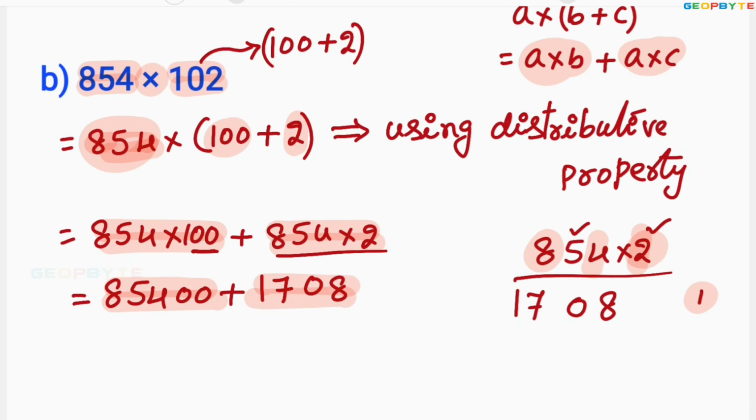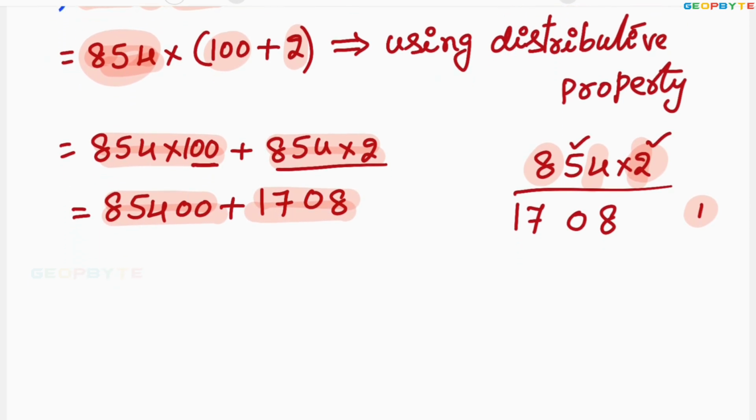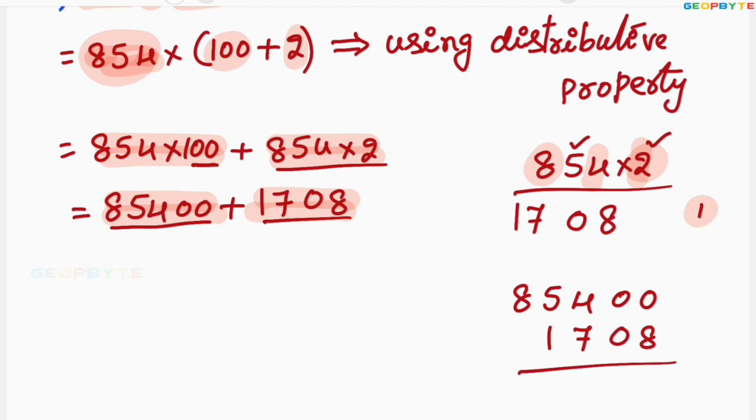Let me add those two numbers. The first number 85400 plus 1708. Let us add 0 plus 8, 8. 0 plus 0, 0. 4 plus 7, 11.